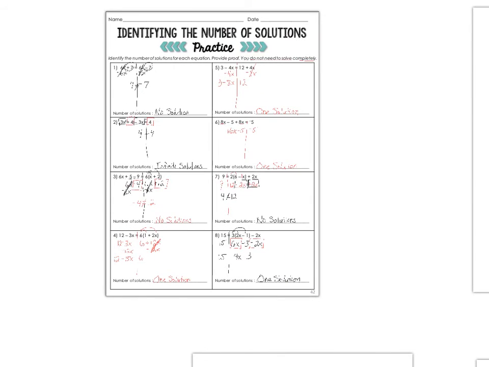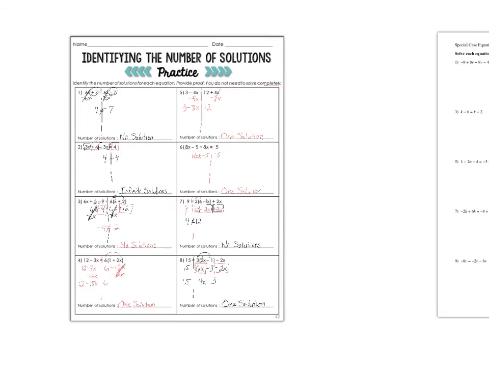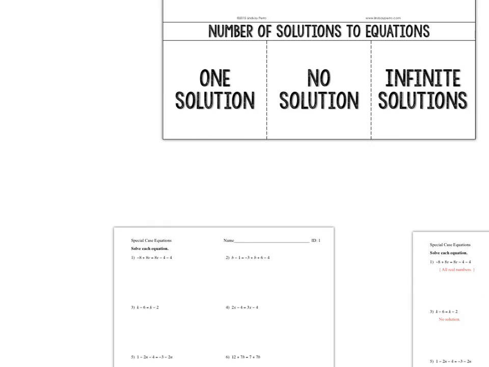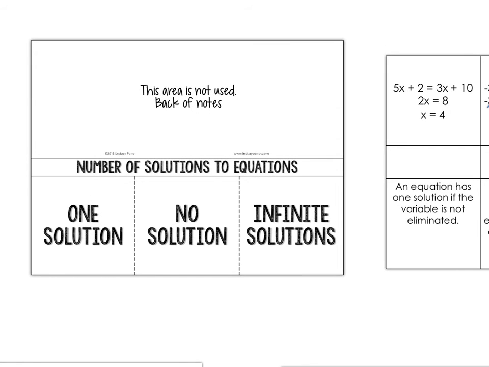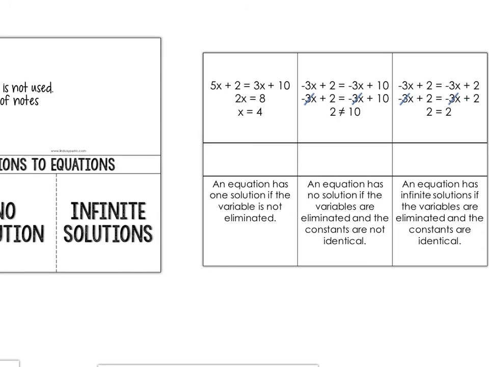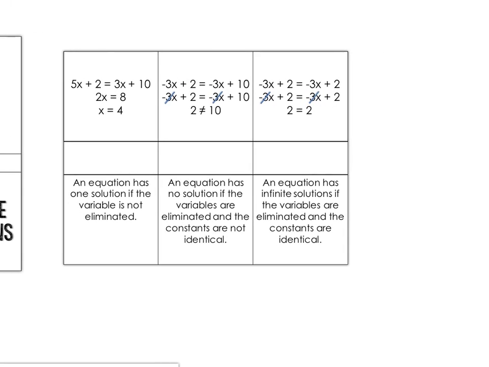Okay, so here's a quick rundown of one, none, or infinite solutions. In your binder, you have your flip book on one, none, and infinite solution. Once again, looking at these examples, this situation over here, where the variable is not eliminated, has one solution.